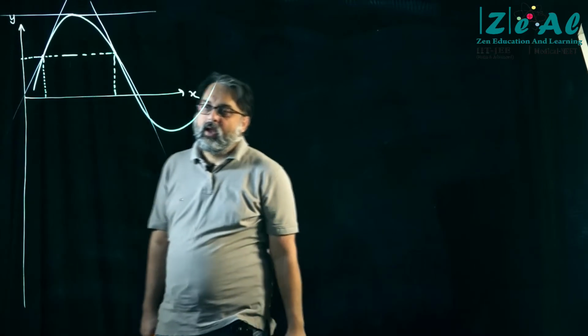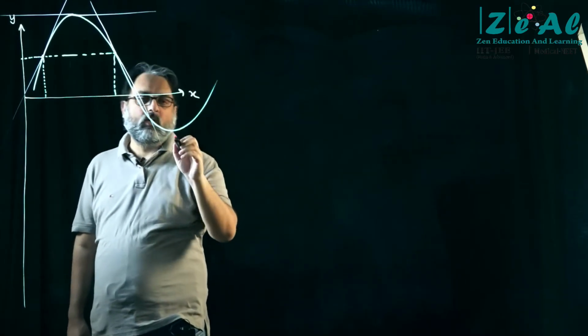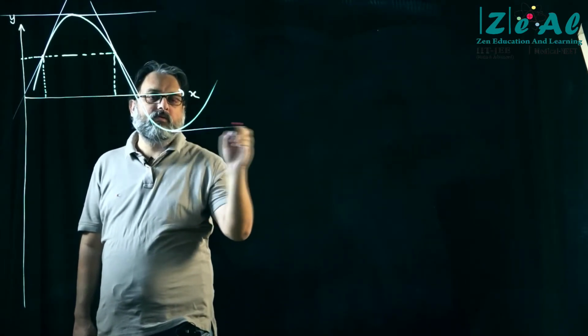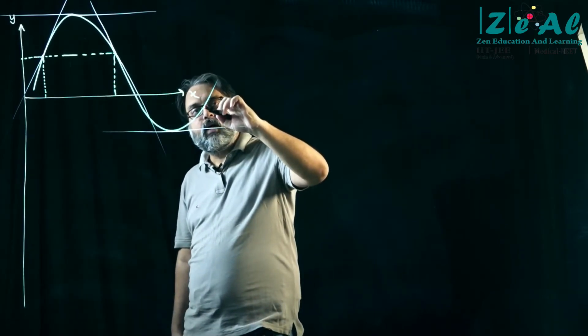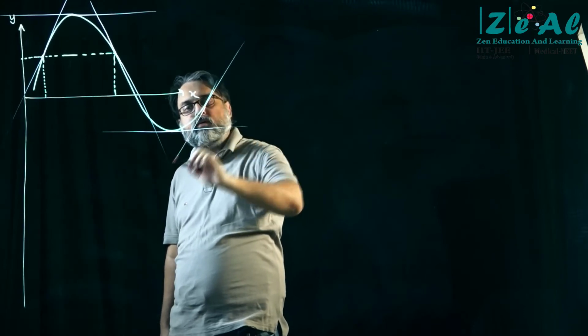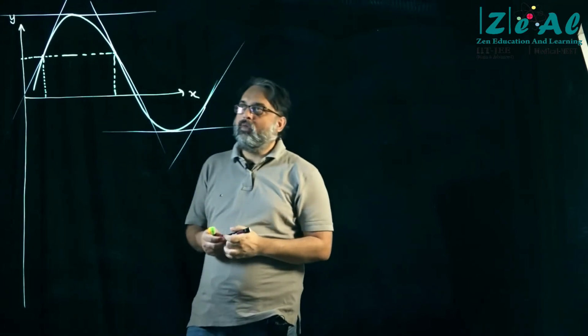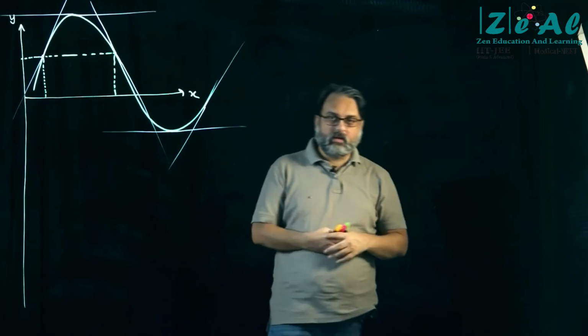Right? Okay. And I can choose, I don't know, I can choose this point, यहाँ पे भी जो tangent बनेगा वो ऐसा बनेगा, then I can choose this point, यहाँ पे जो tangent बनेगा वो ऐसा बनेगा.